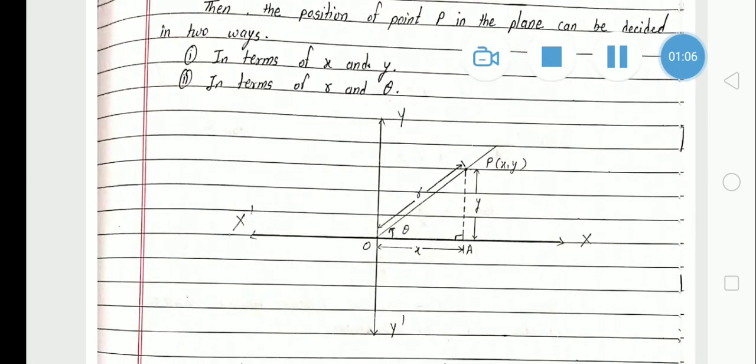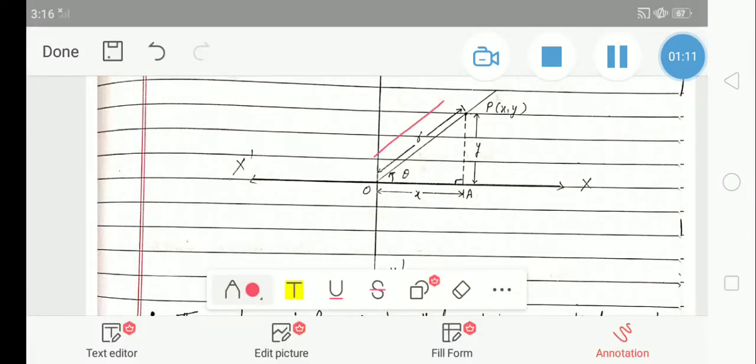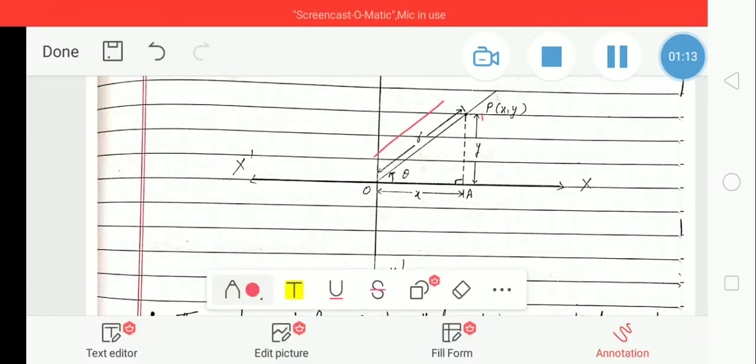As shown in the figure, this is radius r, this is y and this is x.